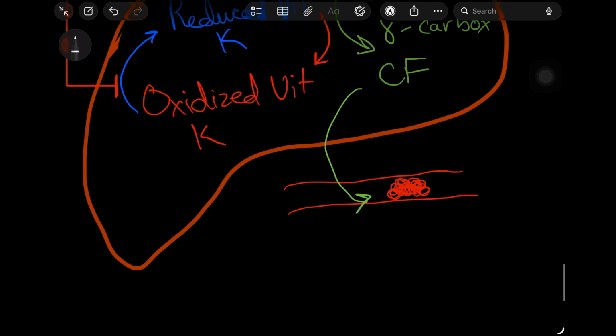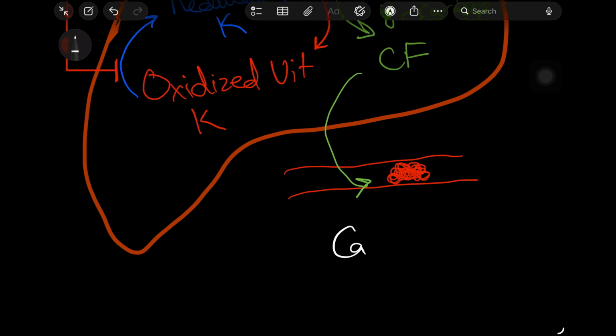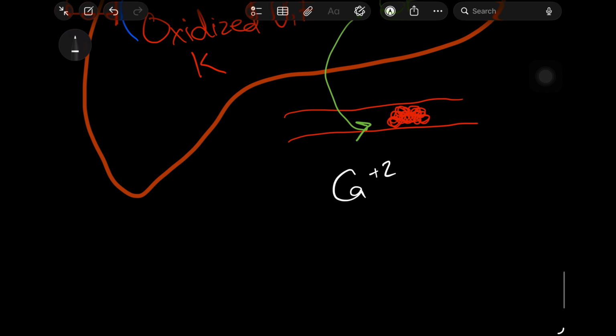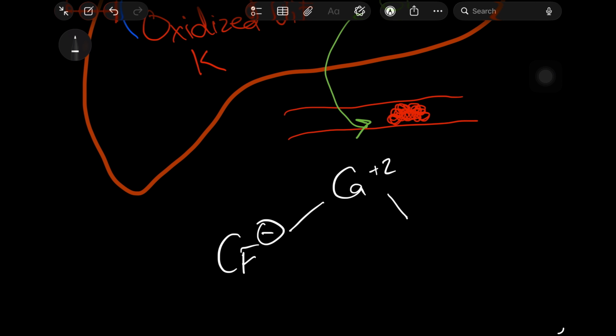So one could imagine a calcium ion bridge here, which is connecting to the clotting factor with its negatively charged carboxylate group, and also attaching to the negatively charged phospholipid group on platelets.